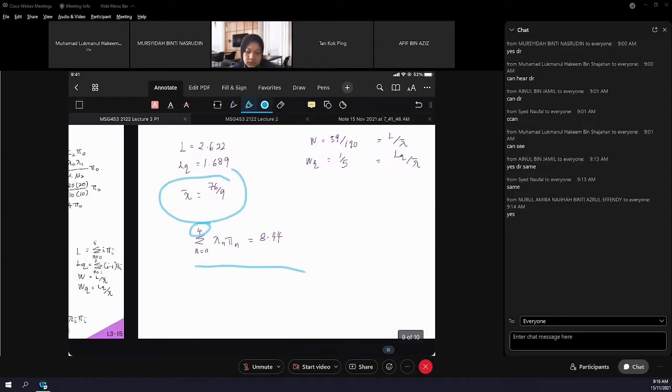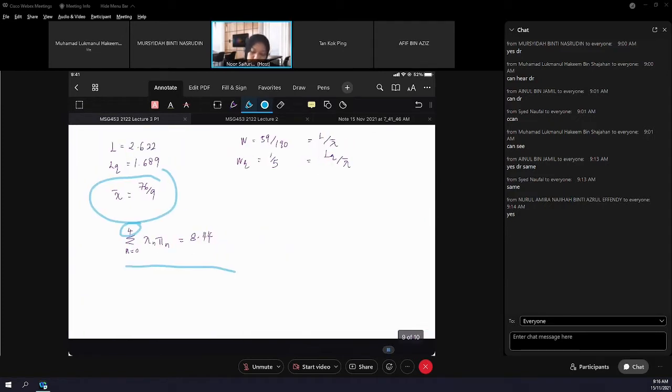So that is why we get, for our W, you just take the value of L, 2.622 over 8.44. You should get 59 over 190, or you can express it in decimal points.